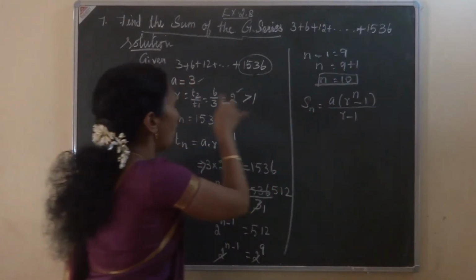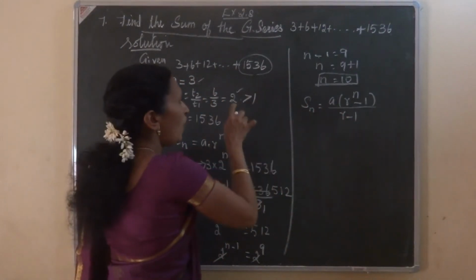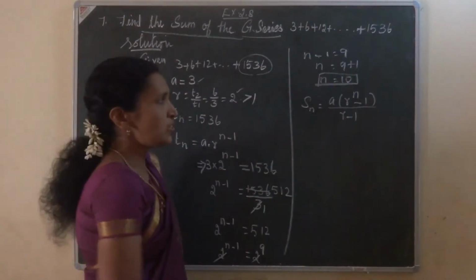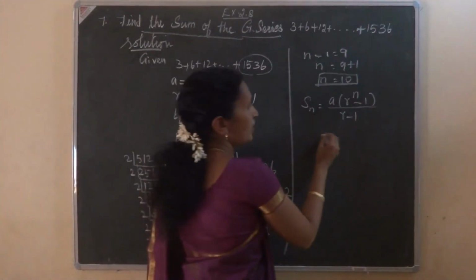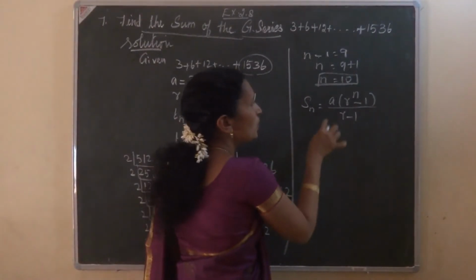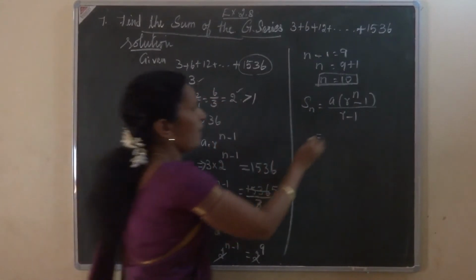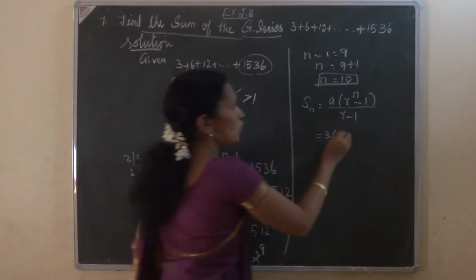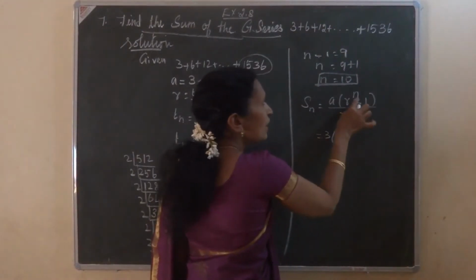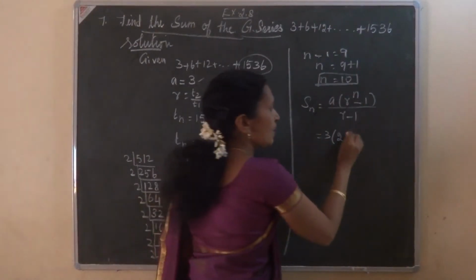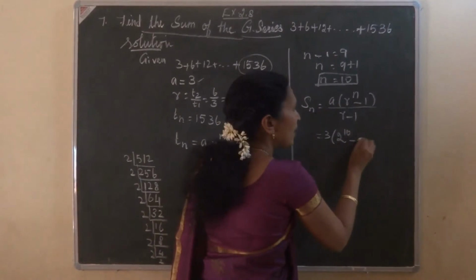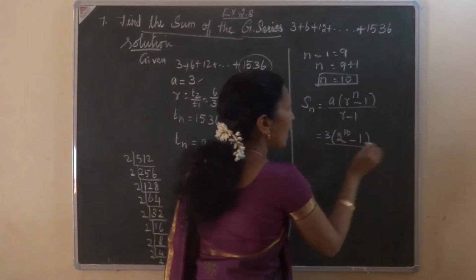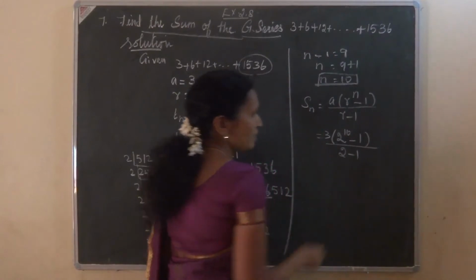Now we know the value of A, the value of R and n also. Just apply them and get the value. The value of A is 3, R is 2, power n, which is 10, minus 1, divided by 2 minus 1.